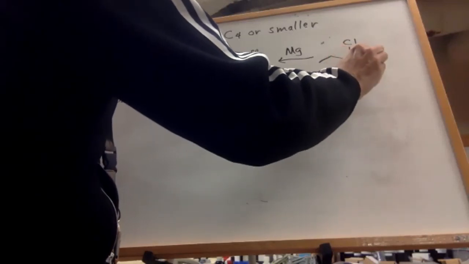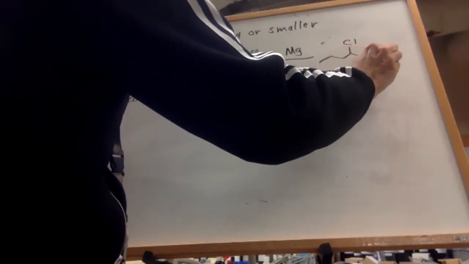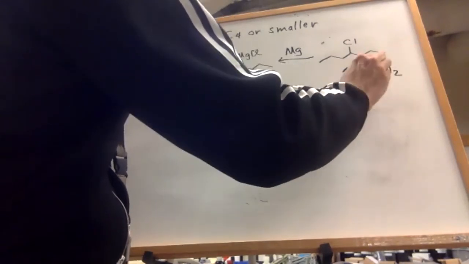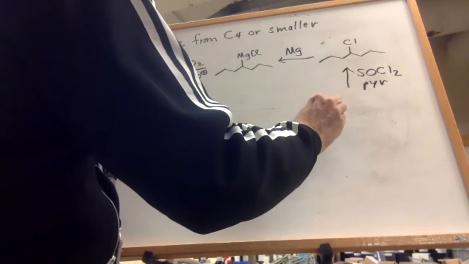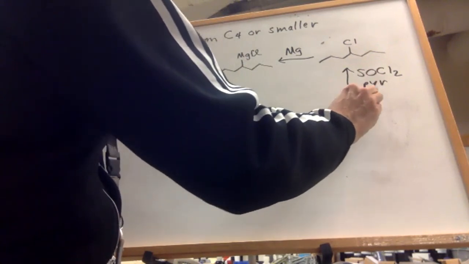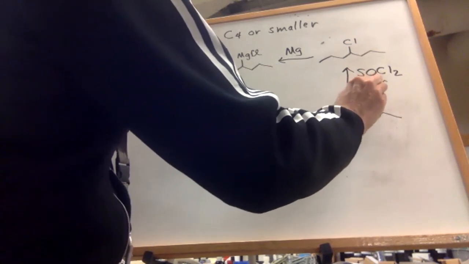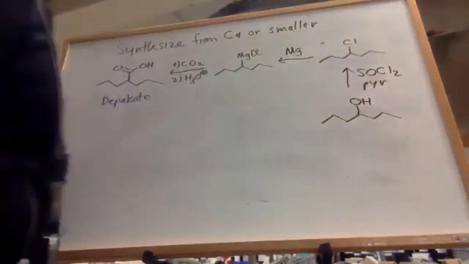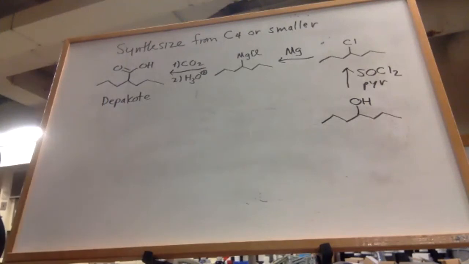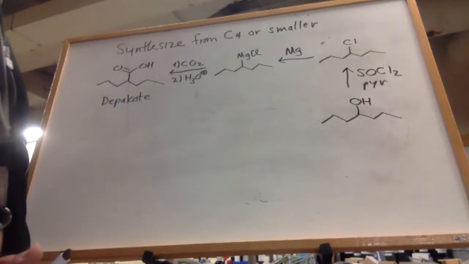Darzens halogenation would be a very good way. Thionyl chloride and pyridine. But that is a reaction of an alcohol. Okay, so now this is our new target, but it's still too big because it still has 7 carbons in it.